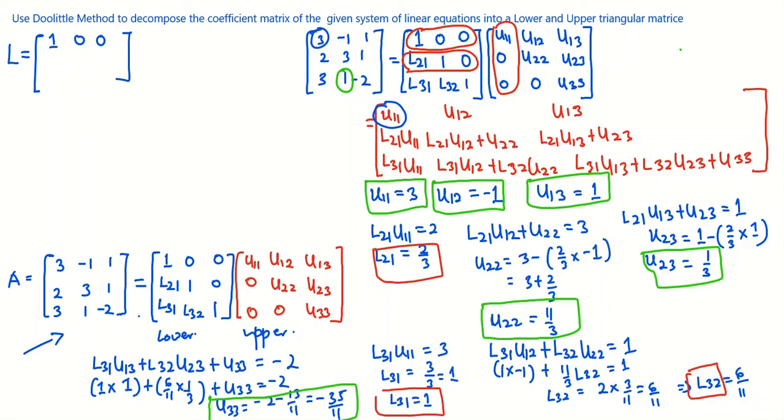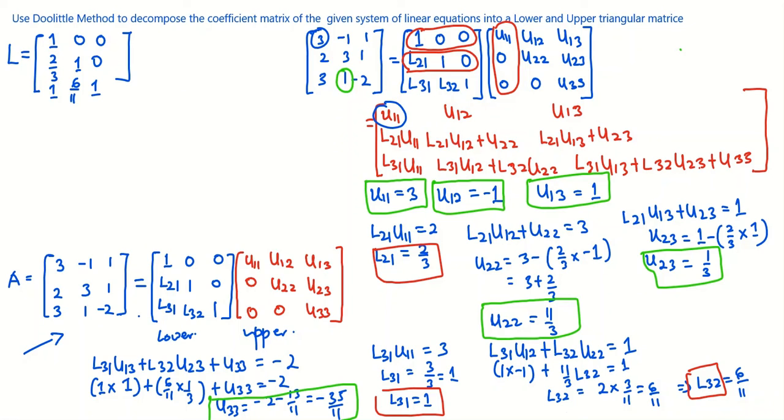Then we know L21 to be 2 on 3, so I'll write my 2 on 3 here. And we know the value of L31, which is 1, so I will write my 1 here. Then this will also be 1, and I'm going to have 0 here. Then we know the value of L32, which is 6 on 11, so I have my 6 on 11 here, and the last entry is 1.